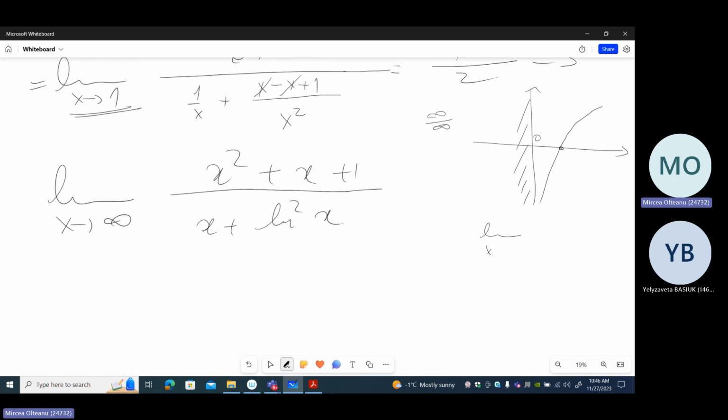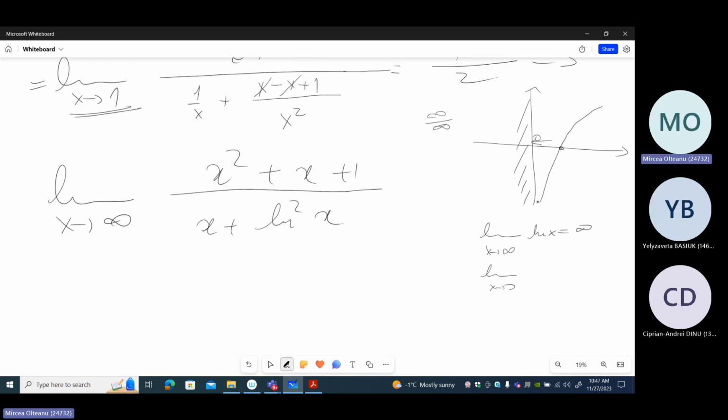The limit at infinite of the logarithm is infinite because you see the graph is going up, while when x approaches 0, the values of the logarithm are going down, unbounded. So the limit at 0, of course x must be positive, is minus infinity. These two limits are very important. We shall meet them many times, and you can observe them from the graph of the logarithm function.